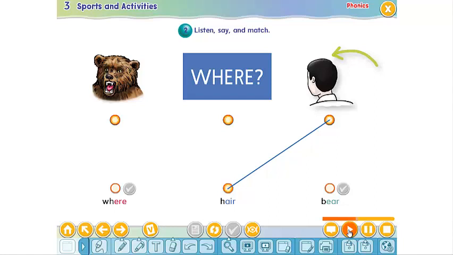Where, hair, bear. Where, hair, bear. Now listen and match words and pictures. Then read the words with a partner.